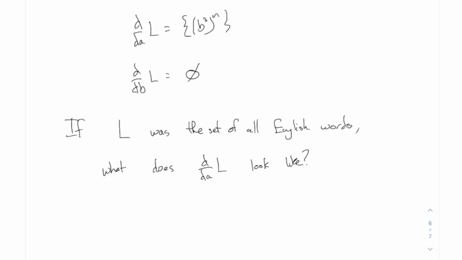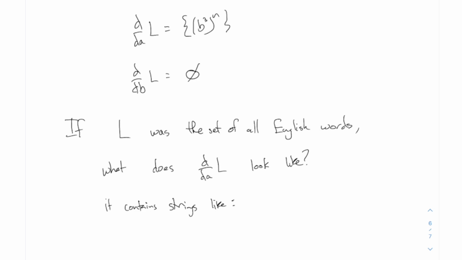Can anyone give me an example of a string in the derivative with respect to A? It contains strings like, what do you think? Yeah? All letters besides A. Can you give me a specific example? Zoo. Zoo? Yeah. I don't think zoo is in this set.